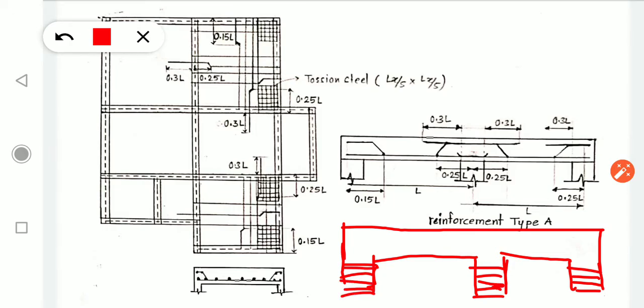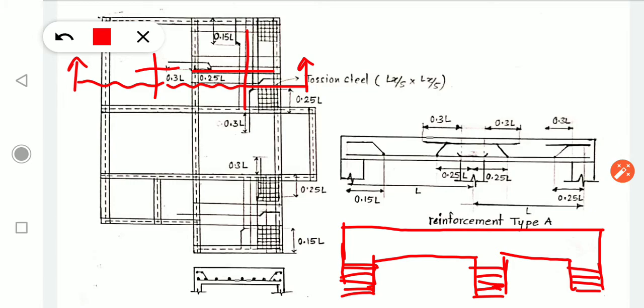Now in this slab, when we said one span consists of a two-way slab, let's assume that this span is a two-way slab, okay, and we have taken a cross section of it. In that case, the slab will consist of reinforcement in LX as well as LY direction. Let's take a section over here, okay, and we are looking towards this side. Okay, both are two-way slabs.